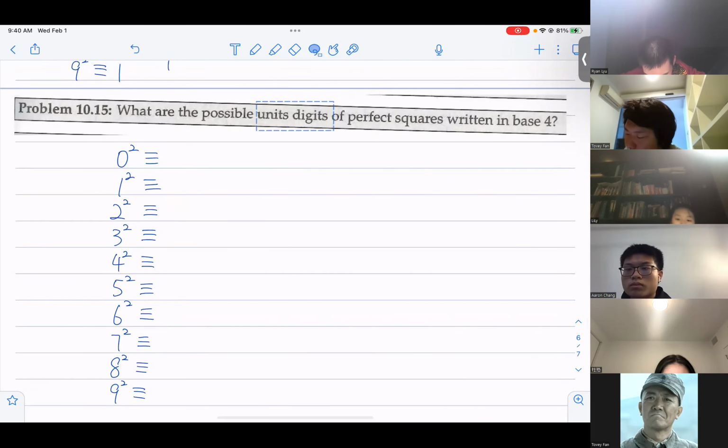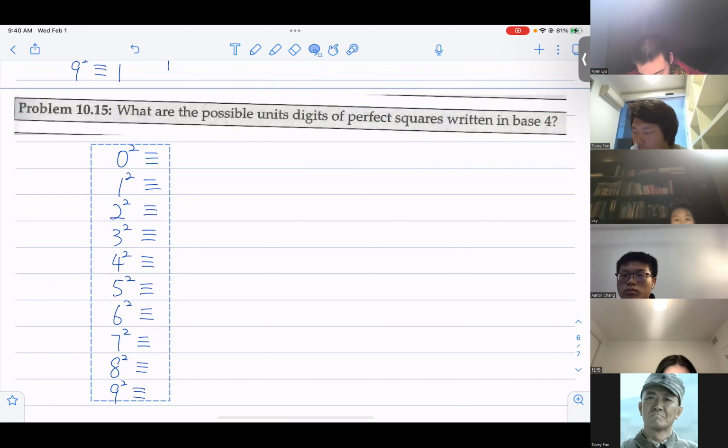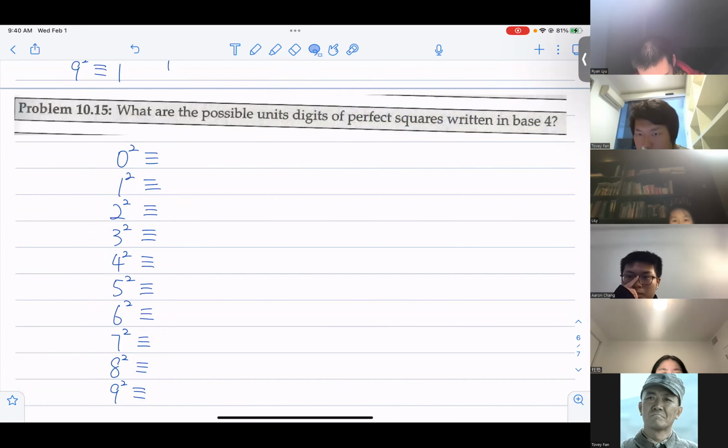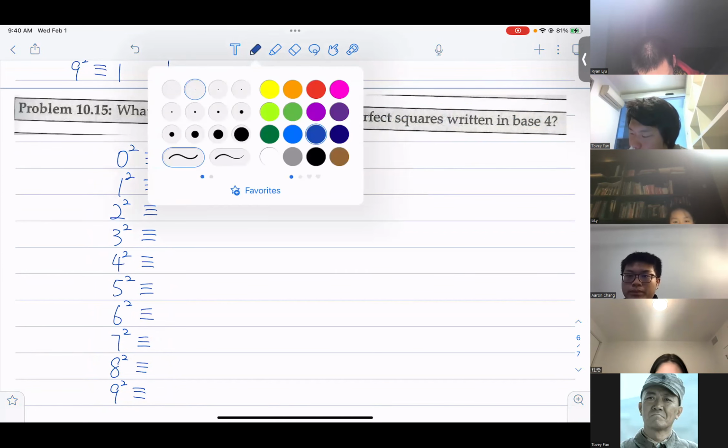Okay, so possible unit digit of what? Of perfect squares written in base 4, right? So you first find the perfect squares, write them in base 4, and find their unit digit. So in other words, we are basically just dividing all these perfect squares by 4 and finding the remainder. Right?